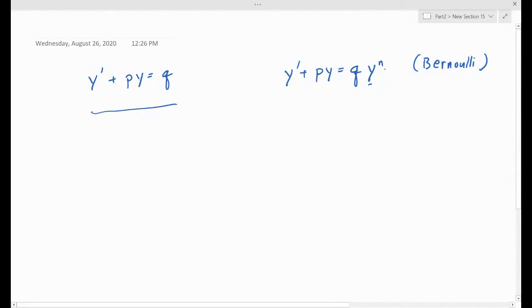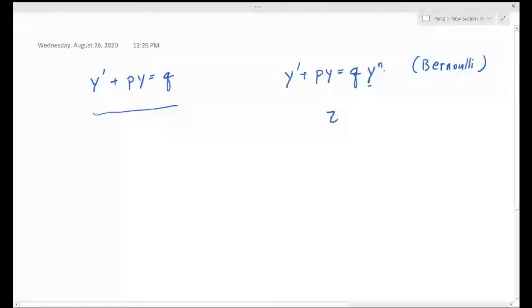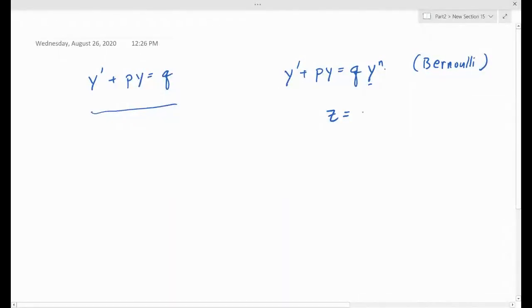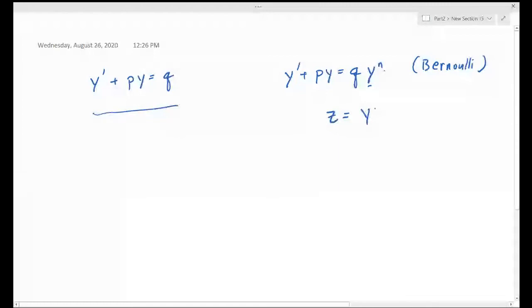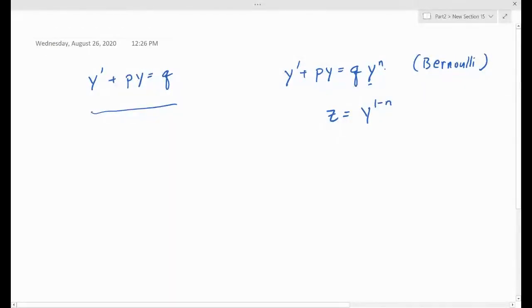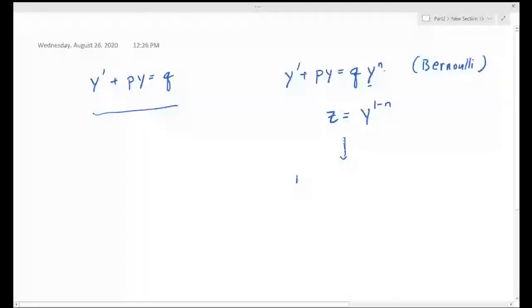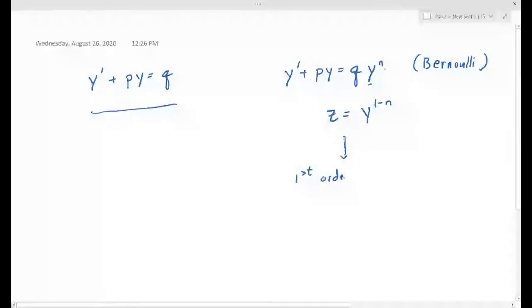And in that case, it turns out that if you use the substitution z equals y to the 1 minus n, then if you correctly complete the substitution and get rid of all instances of y and y prime, you're going to get a first order, linear differential equation.